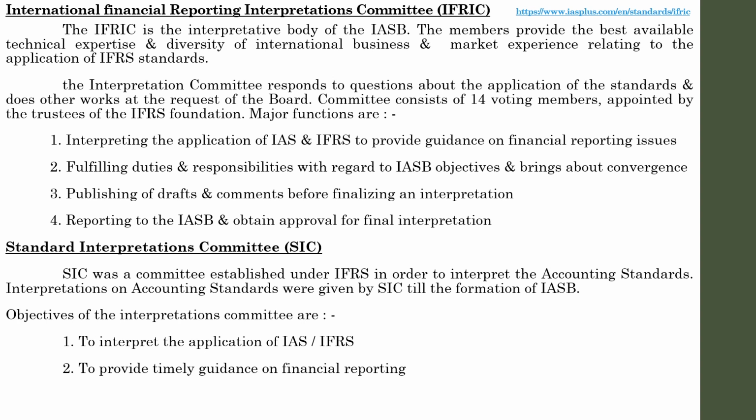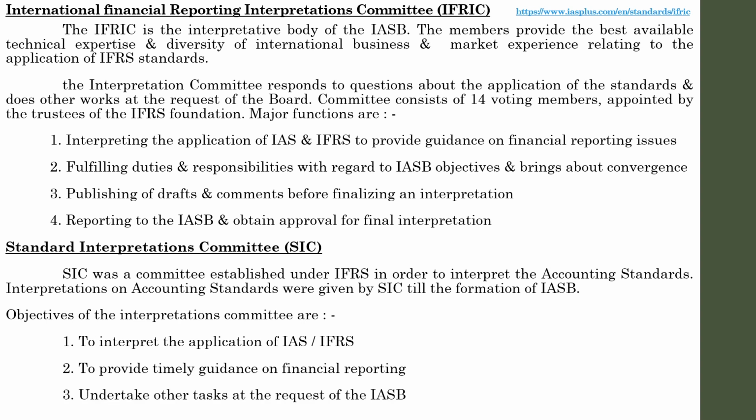We have mentioned a similar sentence previously. It will provide all sorts of assistance, not only with regard to the standards issued by IAS or IFRS, but it also deals with all those issues that do not come under any of the standards. So it provides assistance with regard to any issues relating to a financial transaction, whether it is included in the standard or not.